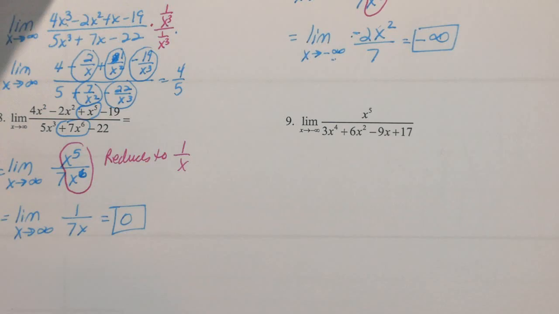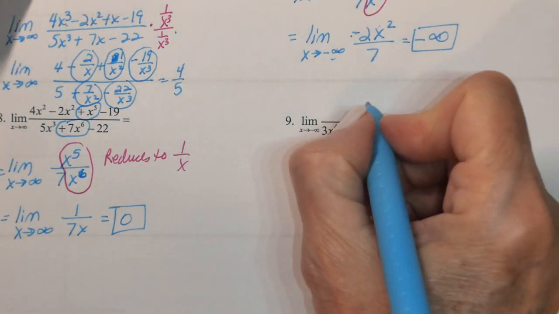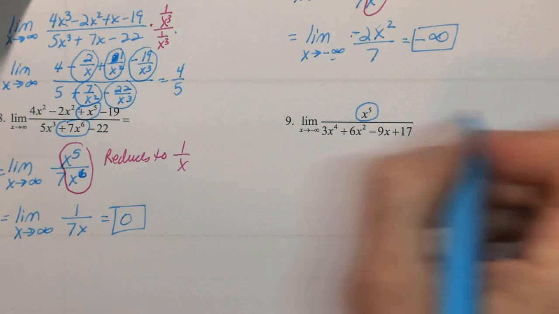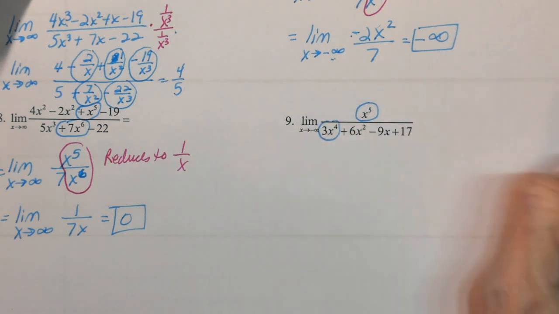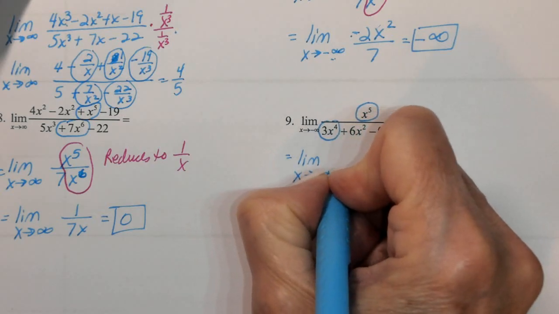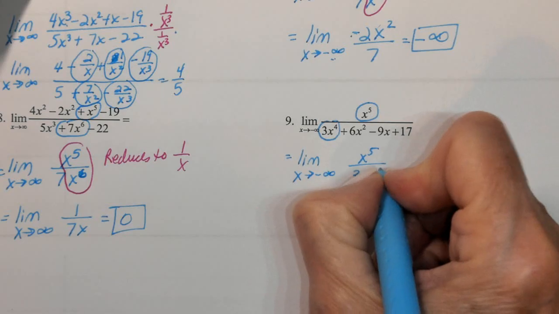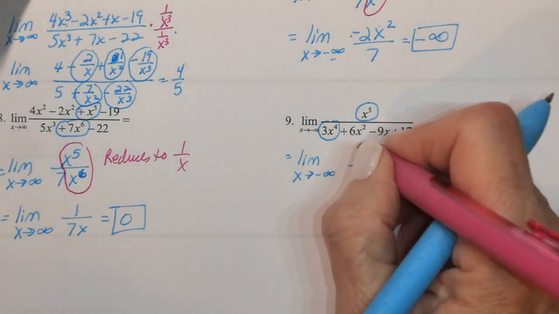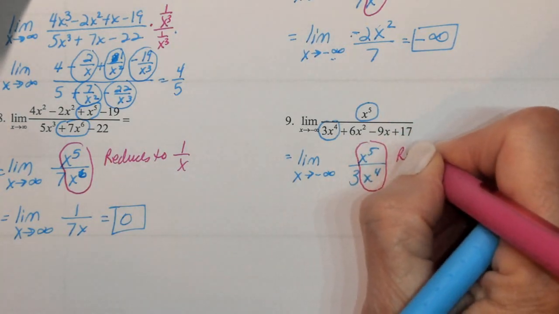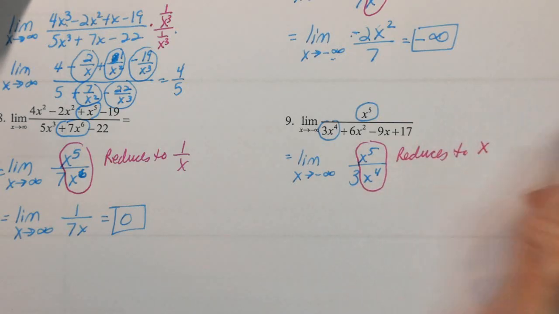Okay, one more. X is going to negative infinity. Highest powered term on top, highest powered term on the bottom. We have x to the 5th over 3x to the 4th. Our x's reduce to x over 1.